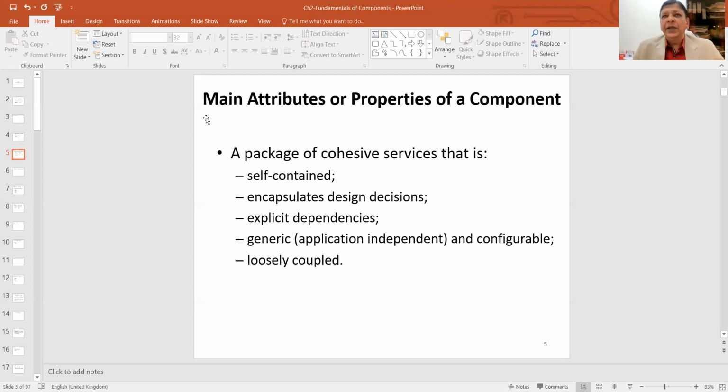Output of one becomes the input of the second. Whereas if you compare send message with the inbox, it is highly cohesive. It only needs to log on, like in your mobile. Once you log on, you don't need to log on again and again. As a new message comes, it will pop up and show you. That is the concept, that it should be able to perform its functionality independently. So these are the few basic concepts regarding the attributes or properties of a component.